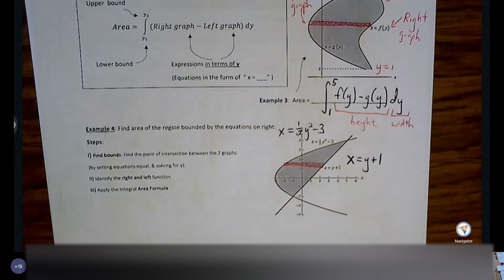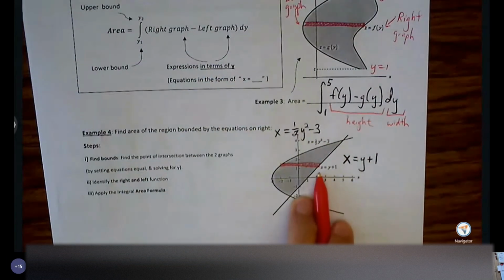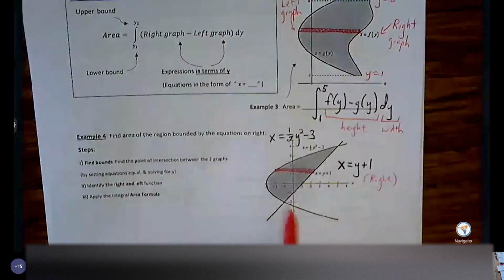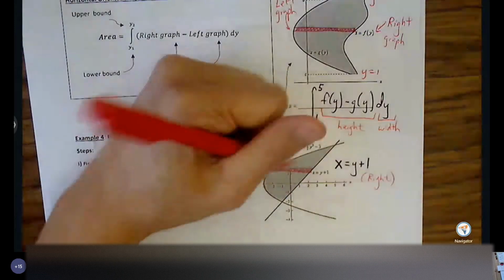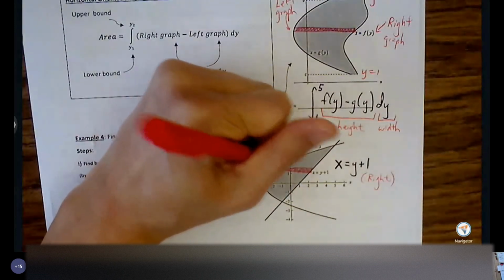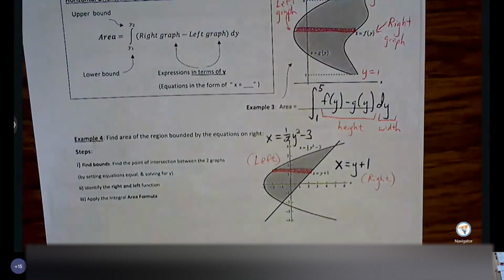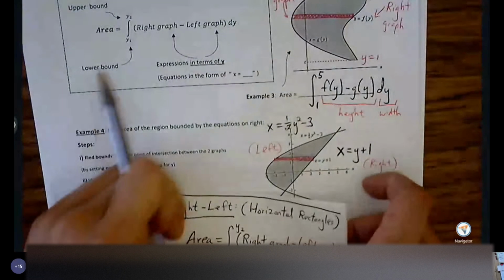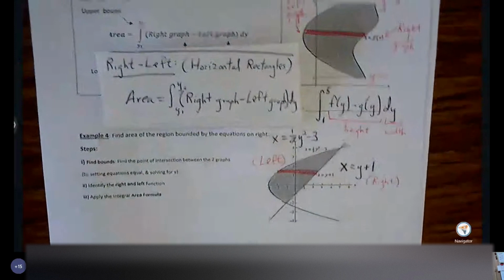So I'm going to label the y plus 1 as the graph on the right, because that's what the right endpoint of my rectangle is touching. And the left endpoint of my rectangle is touching the curve, so that's my left graph. Okay, so we have our left graph and right graph identified. We're going to be using this formula that I have at the top of the page.